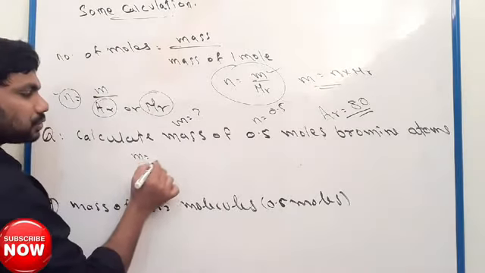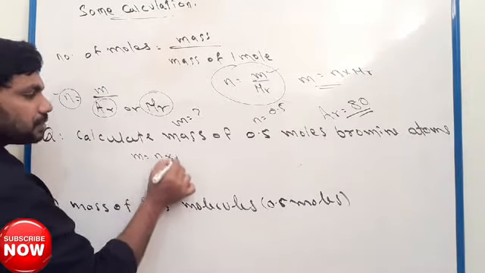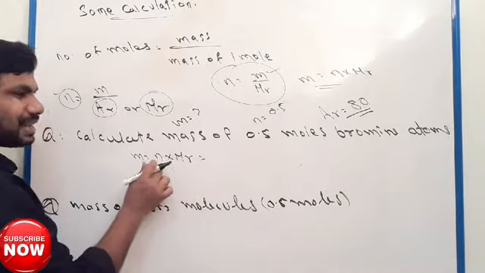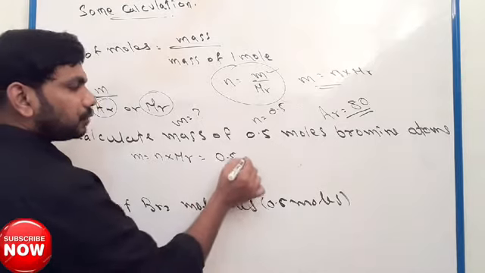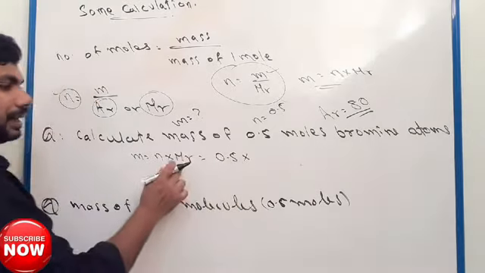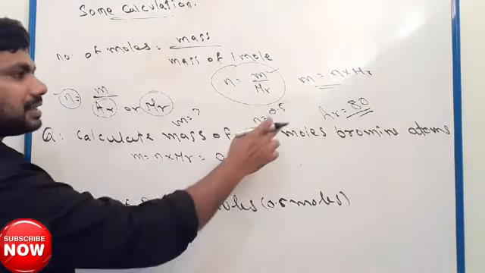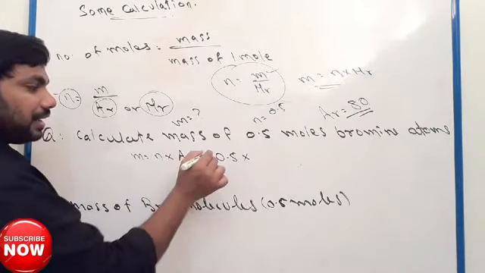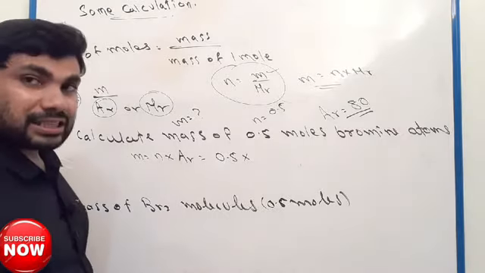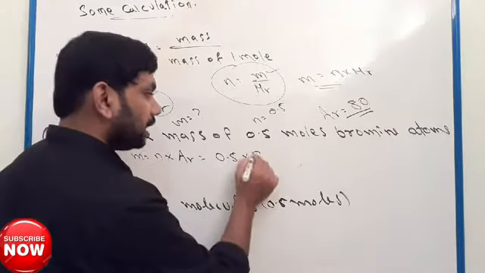What is the number of moles here? 0.5. And what is the molar mass? Here it is an atom, so you have to use Ar, the relative atomic mass. The relative atomic mass of bromine is 80.